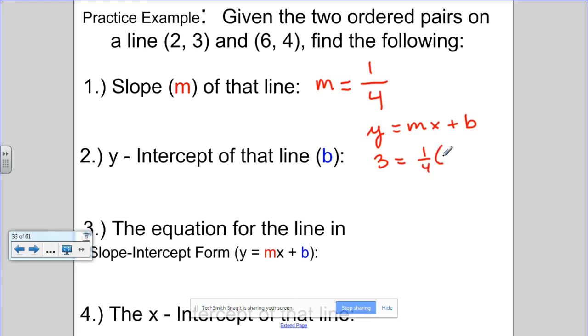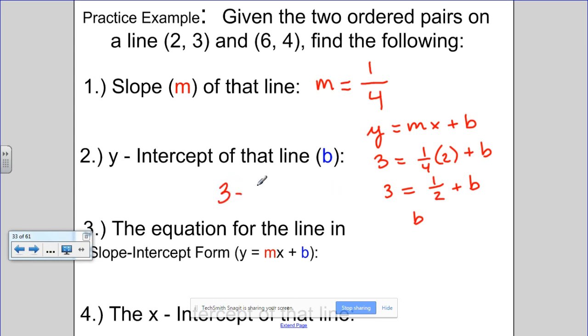The input was 2. And we're missing b. So 3 equals 1/4 times 2. 1/4 times 2 is 1/2 plus b. And then b is going to have to equal, what is 3 minus 1/2? 3 minus 1/2 is 2.5.